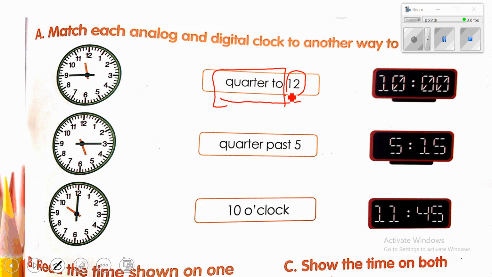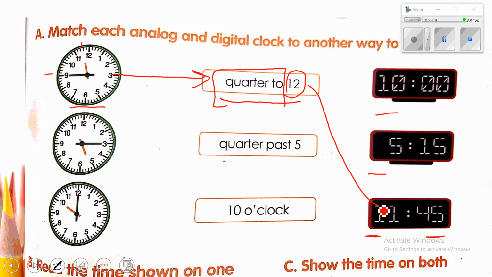Where is a quarter to? Here is 9. Yes, this is the first step. I want nearest to 12. Excellent. Here it is, so this is the first one. Now, where is a quarter to here? Quarter to 12, this one, no, this one, no. Put the hour nearest to 12, 11. And how many minutes does quarter to mean? 45. So this one.